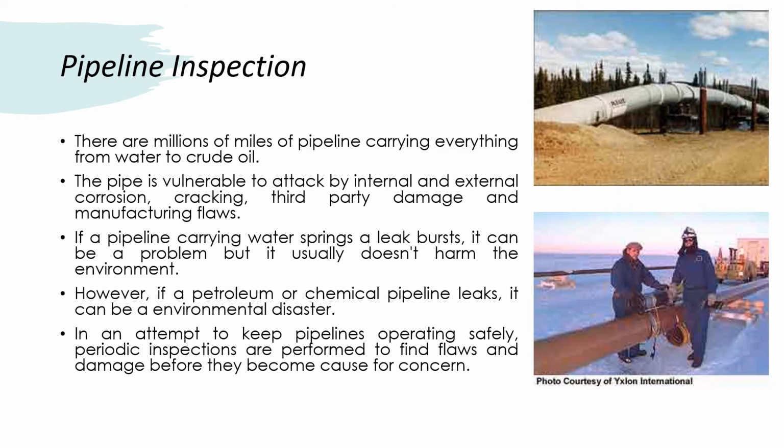However, if a petroleum or chemical pipeline leaks, it can be an environmental disaster. If a pipeline is passing water and there is a leakage, we can consider that it cannot harm the environment.